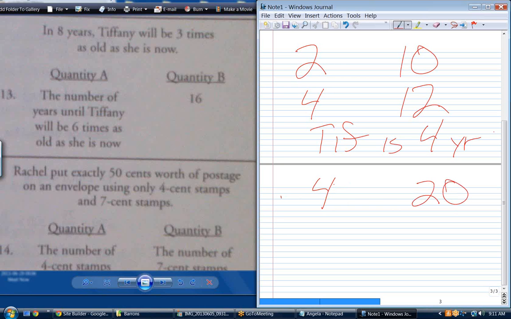Right, okay. So obviously we need a number greater than 16 here. Okay, in 20 years, she'll be 24 years old, which is 6 times. So this number here is 20.